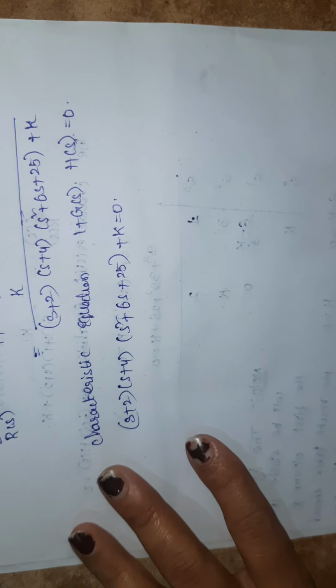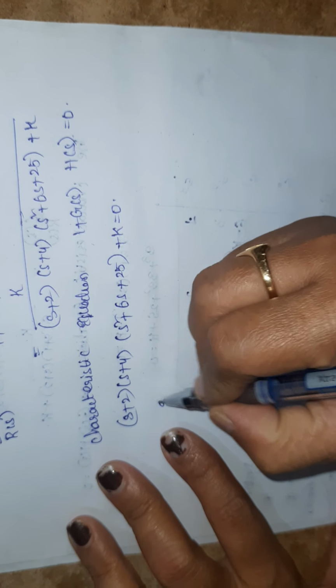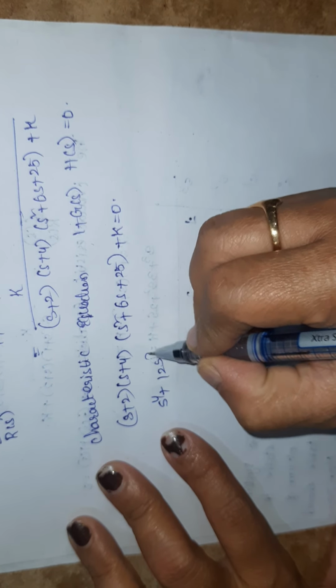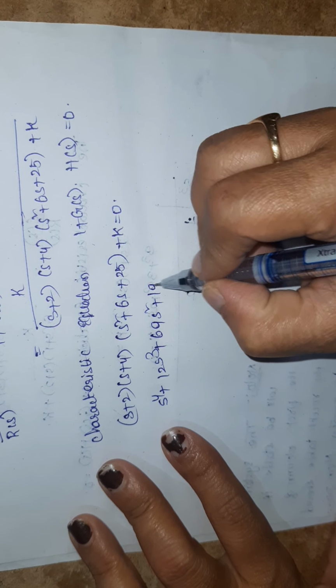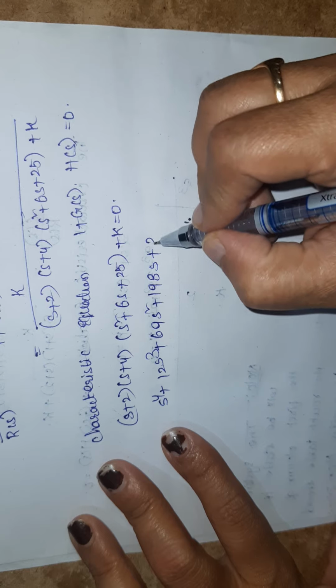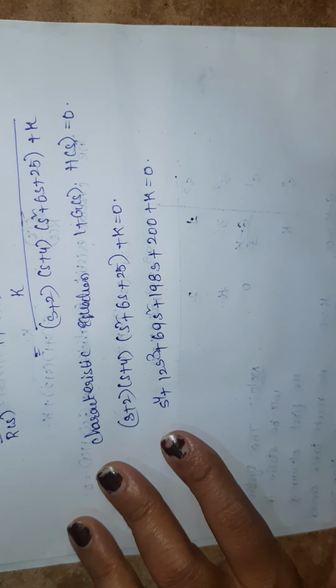After simplifying, I got the equation s power 4 plus 12s cube plus 69s square plus 198s plus 200 plus k equal to 0.